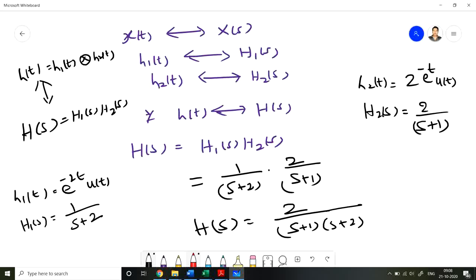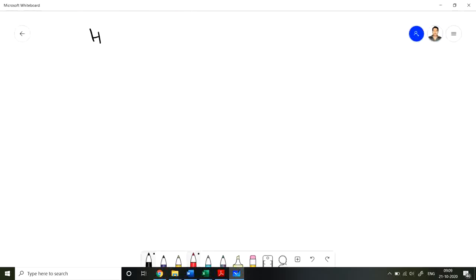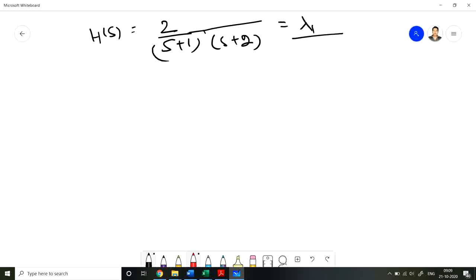Now we can write H(s) as 2 divided by (s plus 1)(s plus 2) equals lambda 1 divided by s plus 1 plus lambda 2 divided by s plus 2.